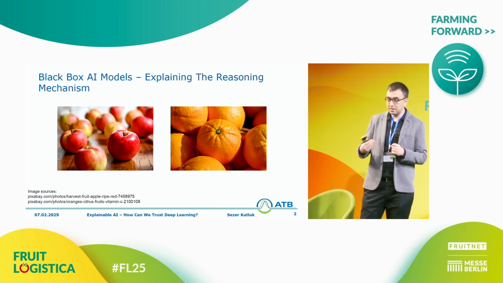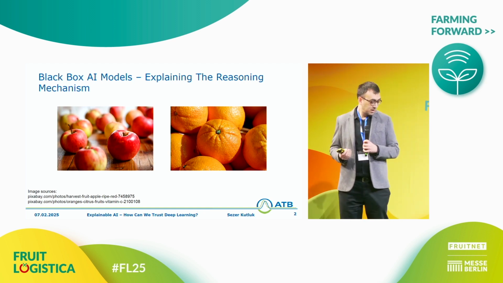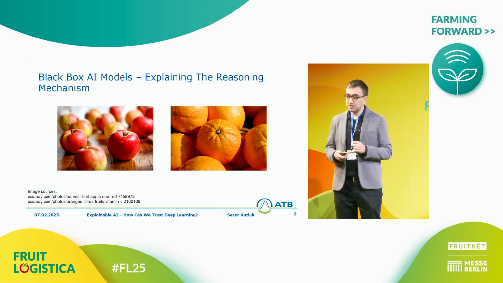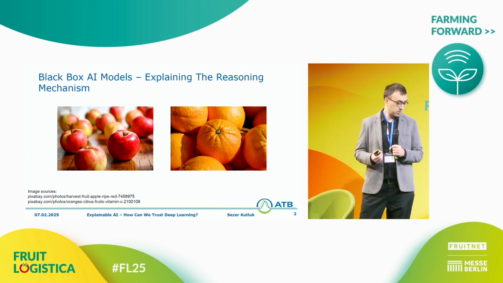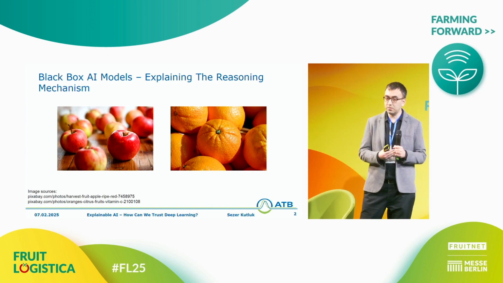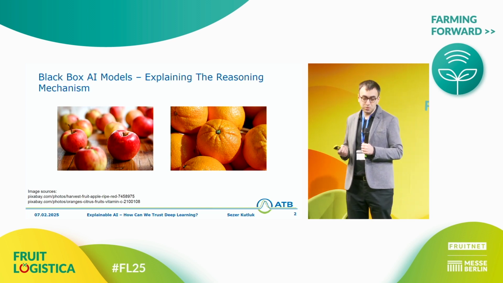So you can tell me your reasoning mechanism that led to your decision. These kinds of images are very easy for the current state of the art in AI. So they can also classify these kinds of images. They can recognize apples, oranges, or much more complex problems.